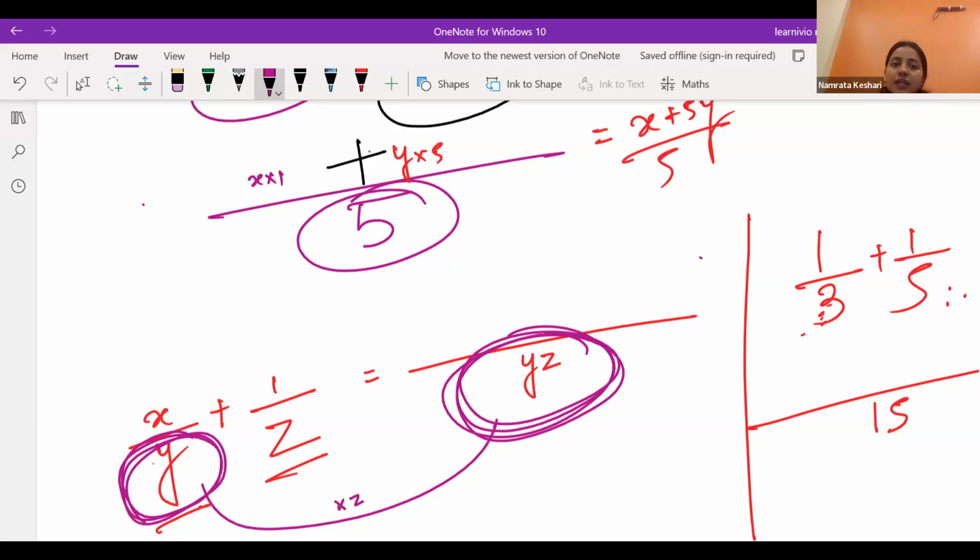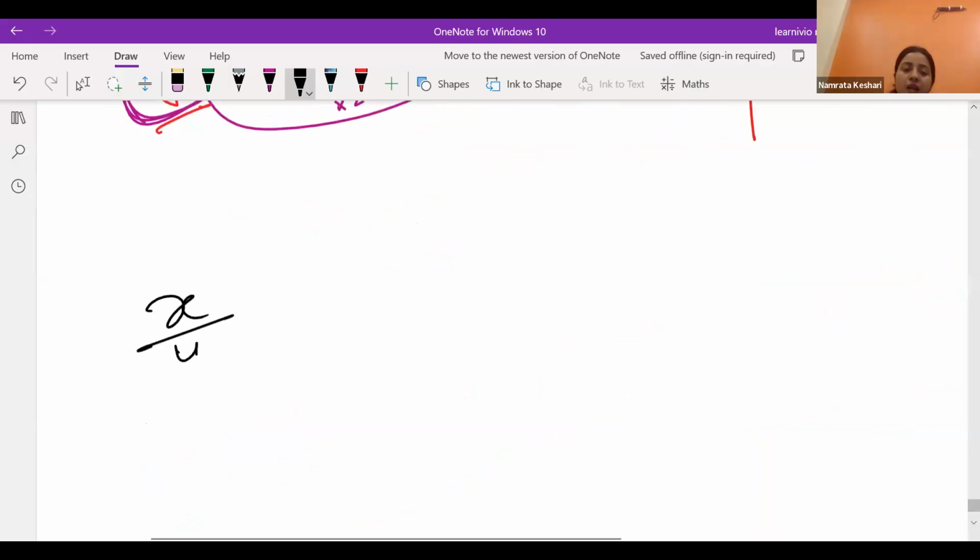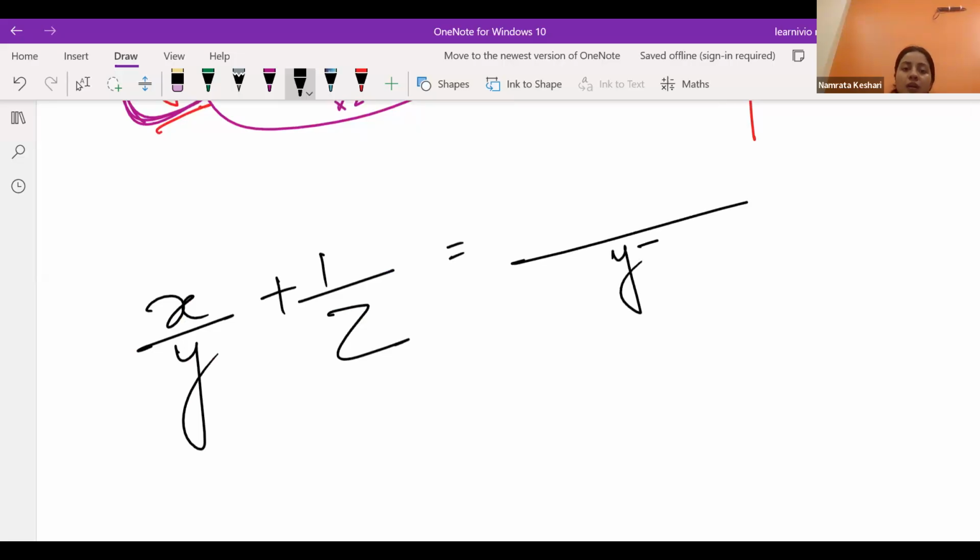The same z we need to multiply in the numerator as well. That means this x will become xz. Are you getting, everyone? Chakrika, Gauri, Vaiga? Yes, ma'am. Can you explain again? I am saying that first we are having x by y plus 1 by z. These two are completely different. LCM will be the multiplication. Okay, let me write it below.